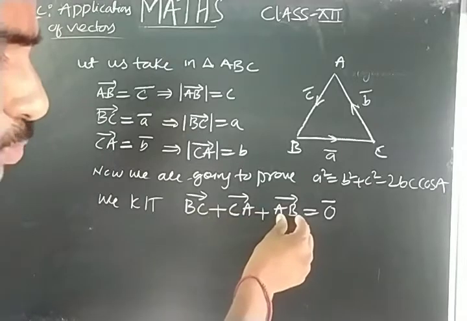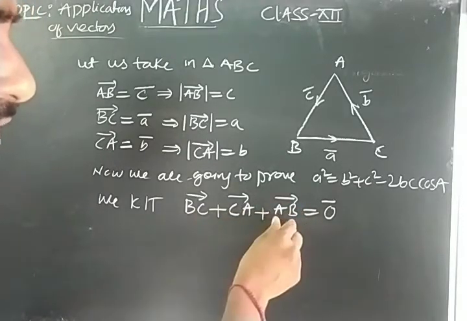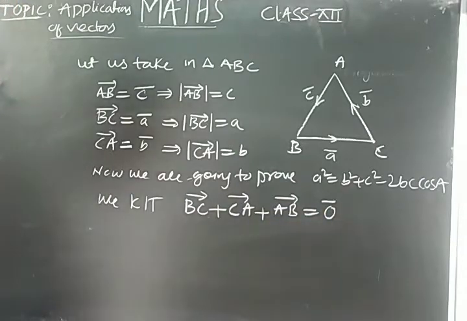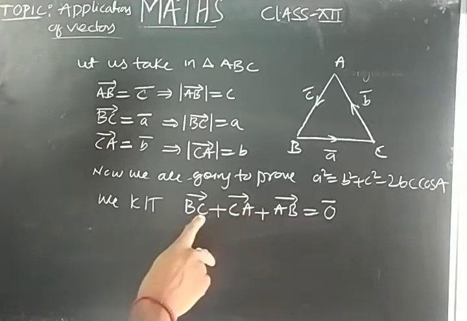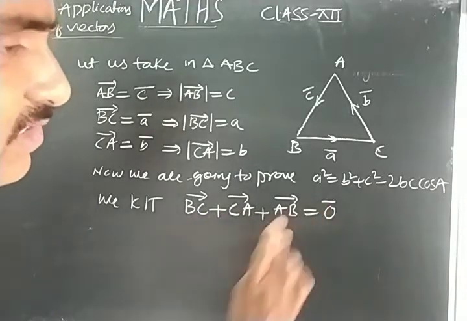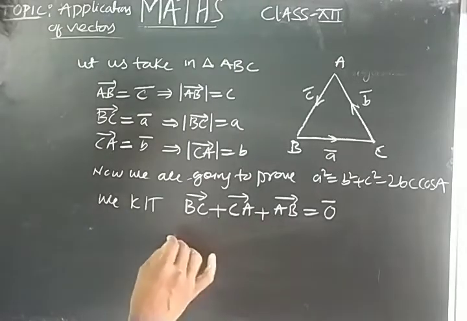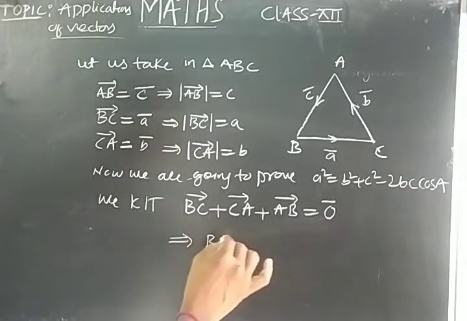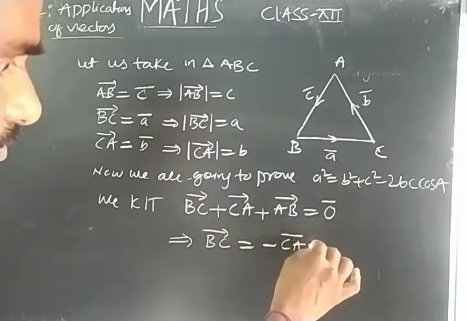Converting this BA, you will get minus AB, plus AB minus AB gets cancelled, and you will get the zero vector. So in triangle ABC, we have BC vector plus CA vector plus AB vector equal to zero bar.